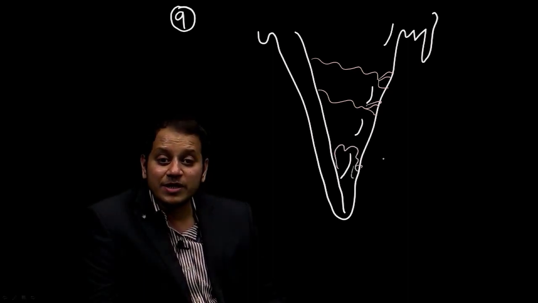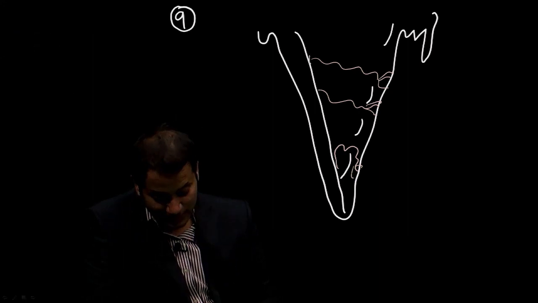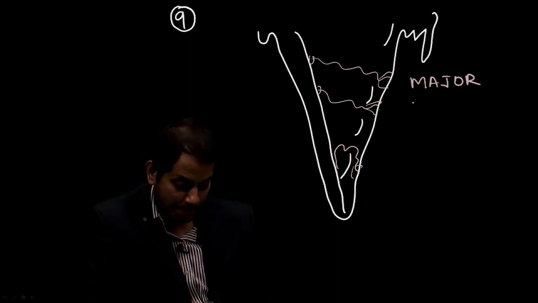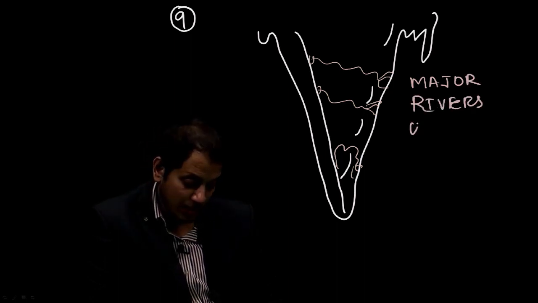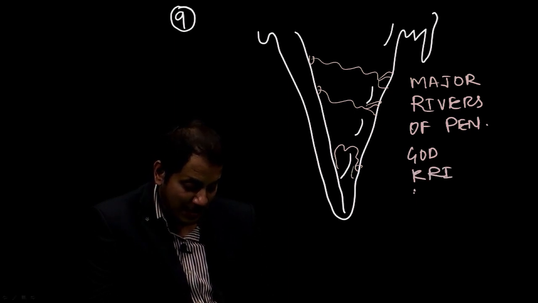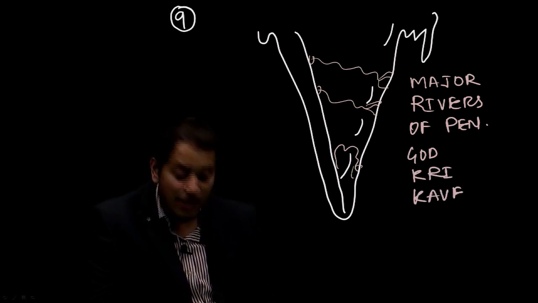Where do they originate? They originate in the Western Ghat region. So the next point is major rivers of the peninsula, such as Godavari, Krishna, Kaveri.